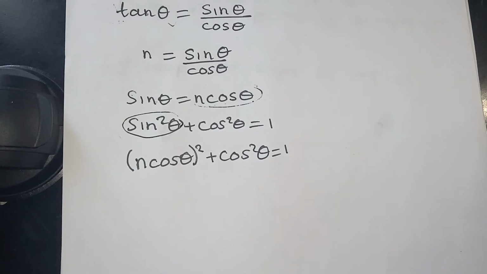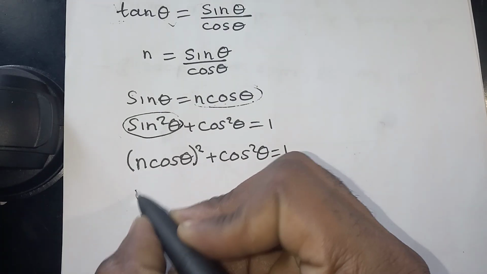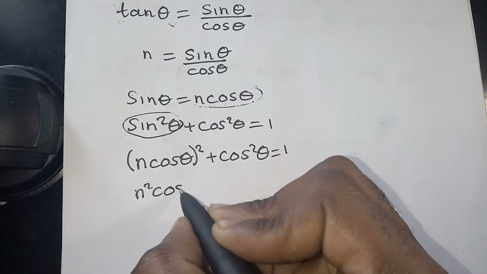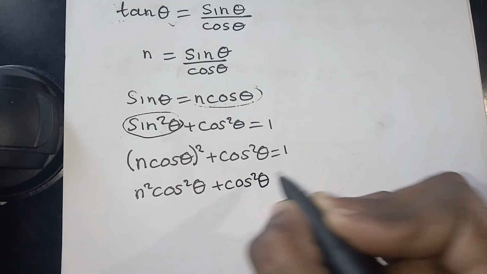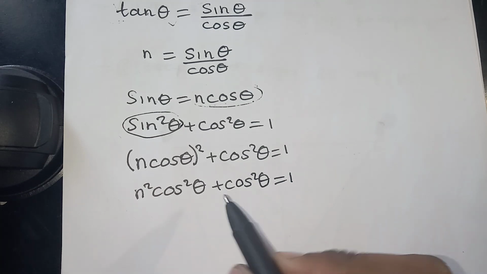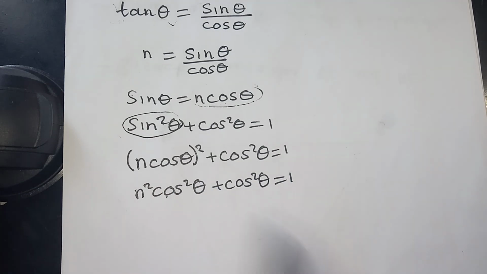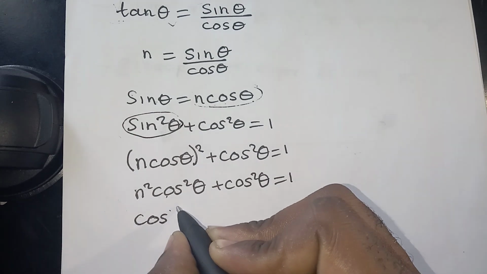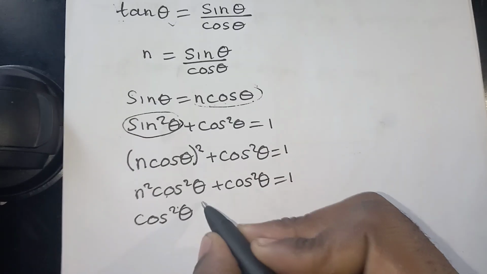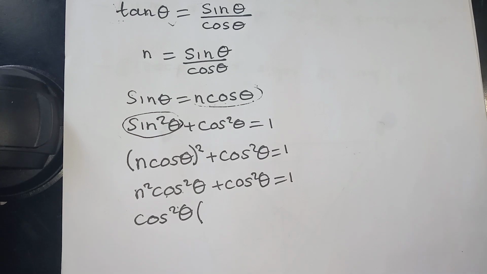So now, there's a square there. Remember, our mission is to get a cos theta out of this. In short, we are just trying to make cos theta the subject of the formula. So you can say cos squared theta, I'm just factoring the cos squared theta out.